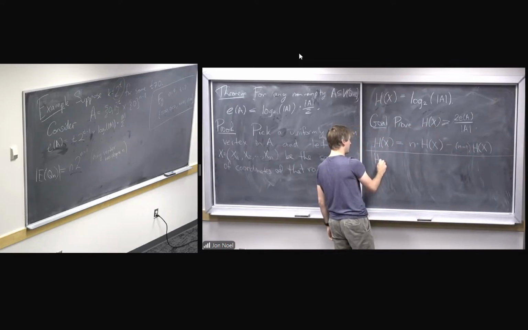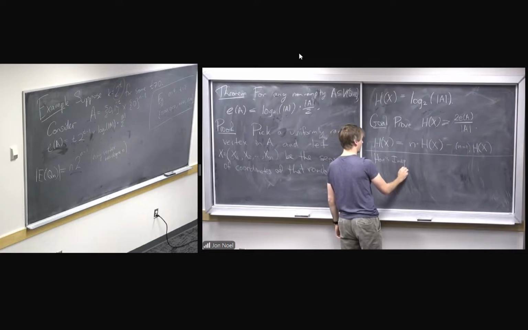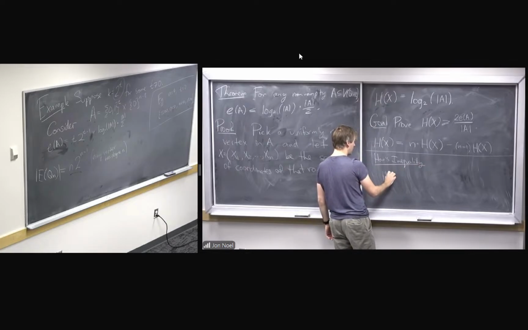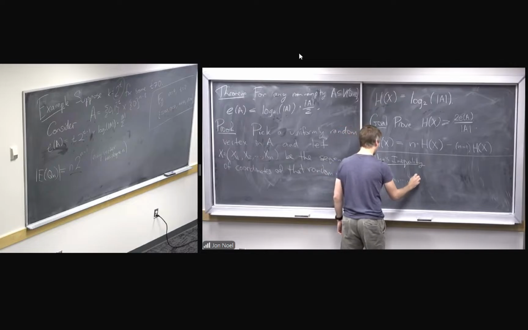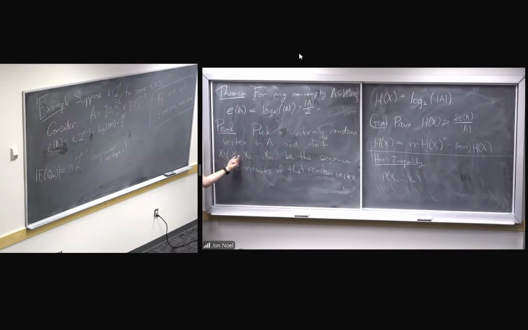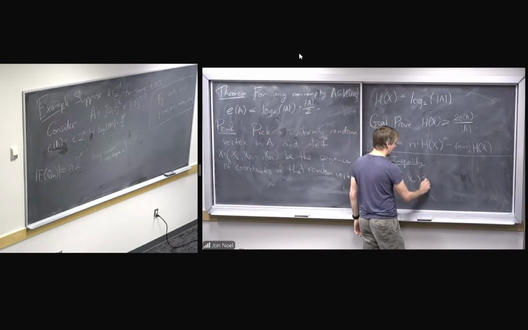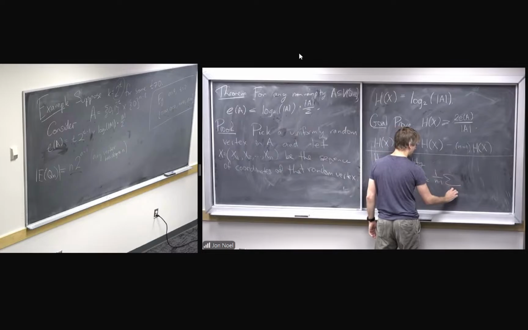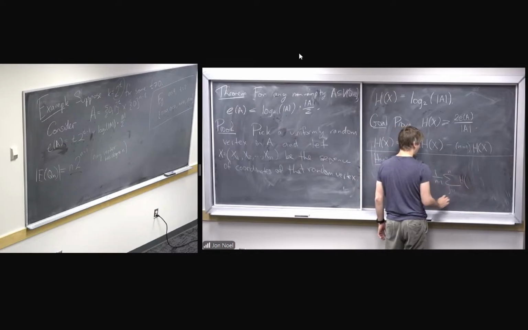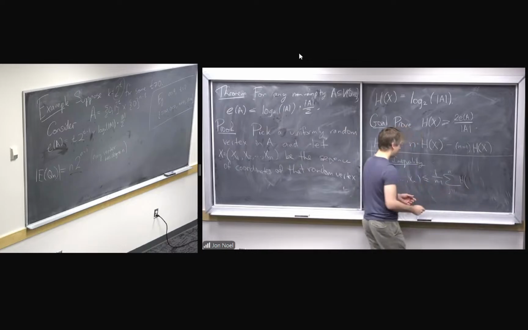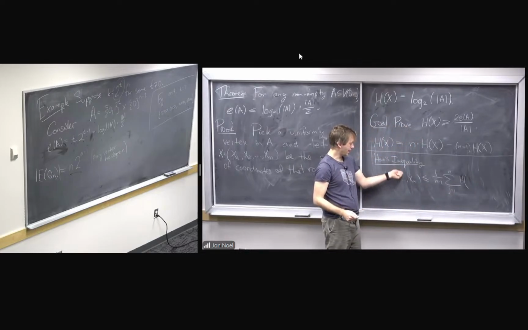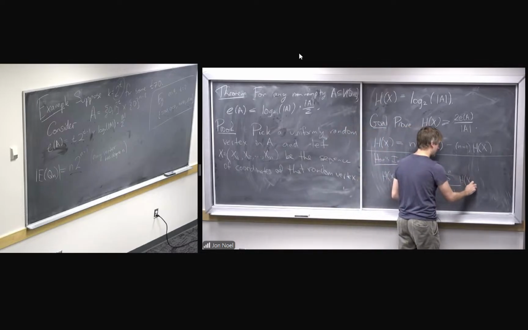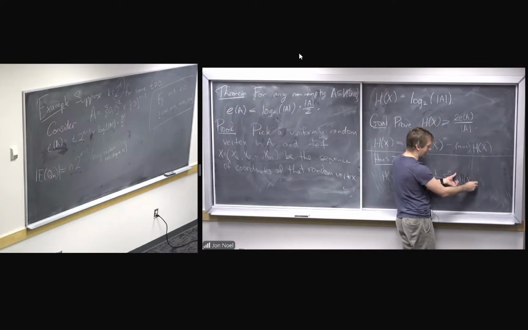Just to remind you what that says: the entropy of some random variable X, which is a tuple of n random variables x1 up to xn, is at most 1 over n minus 1 times the sum over all j from 1 to n of the entropy of all of the variables except for xj, the sequence of variables xi where i is not equal to j.